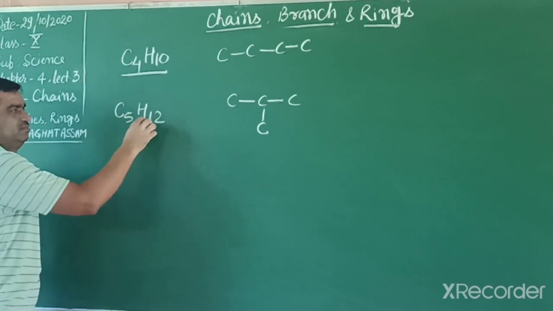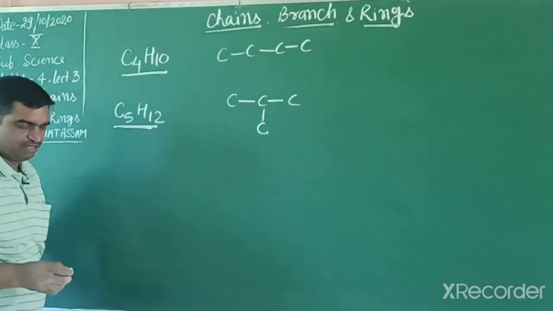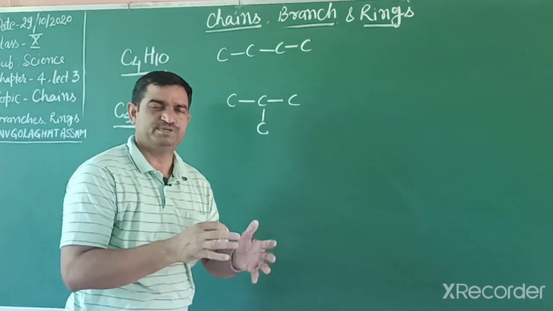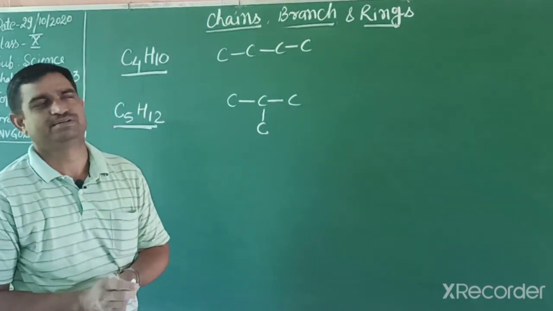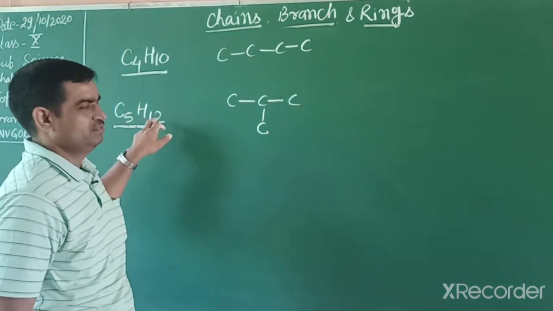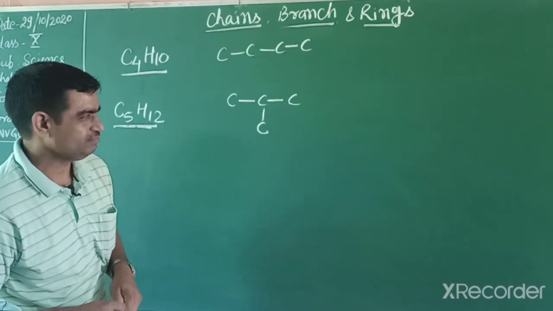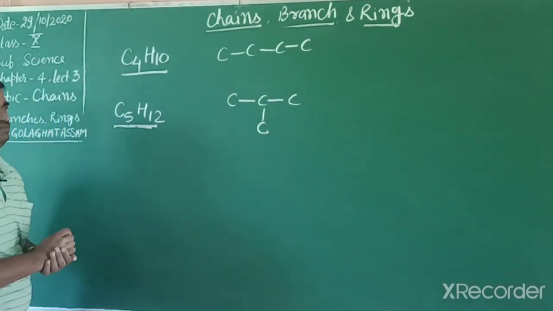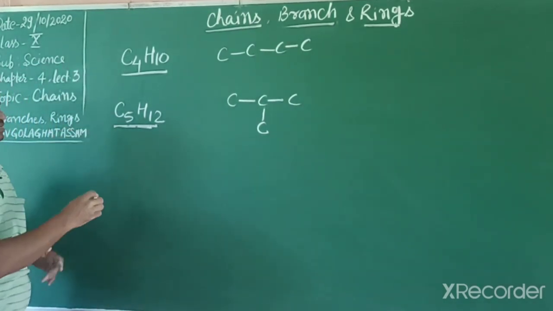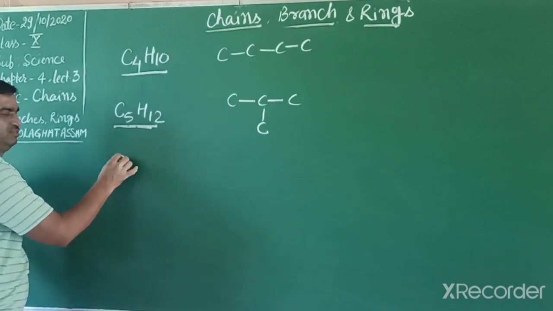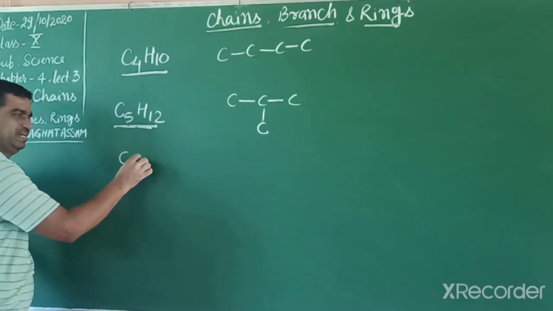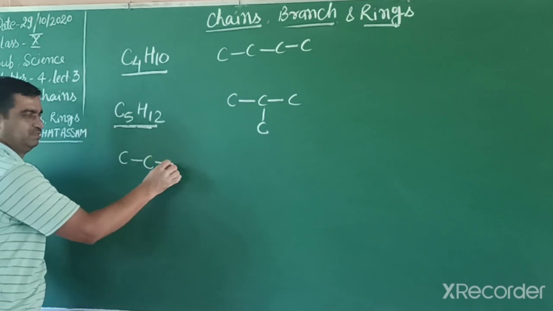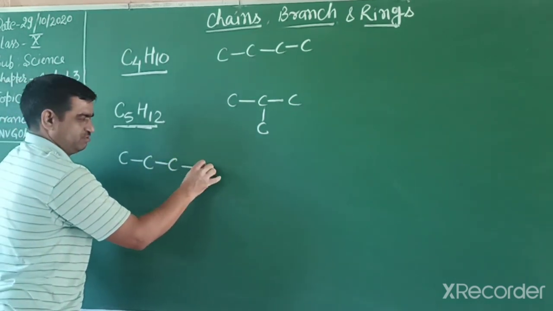C5H12. Then try to make how many different compounds we can make. 5 carbon, 12 hydrogen. At first we try to make a skeleton as a straight line. So you write 5 carbon as straight, 1, 2, 3, 4, 5.